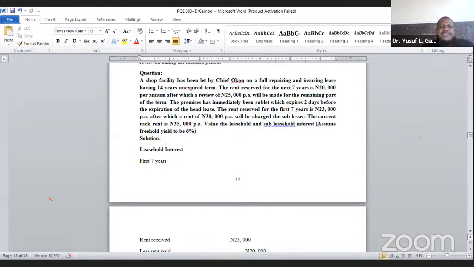The premises has immediately been sublet, which expires 2 days before the expiration of the head lease. The rent reserve for the first 7 years is 23,000 naira per annum, after which a rent of 30,000 per annum will be charged on the sublease. The current rack rent is 35,000 per annum. Value the leasehold and subleasehold interest, assuming freehold to be 6%.